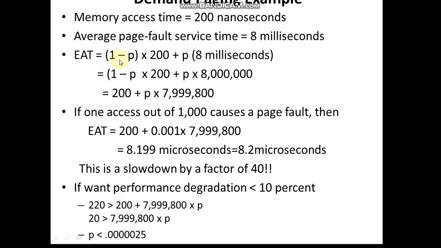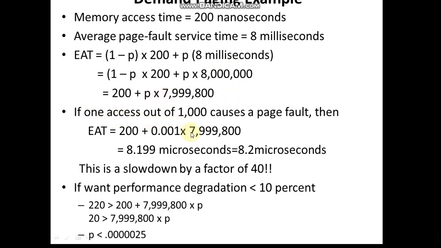We had this formula already: (1 minus P) into 200, which is the memory access time, plus P into 8 milliseconds. This is how we multiply it, and this is what we get.